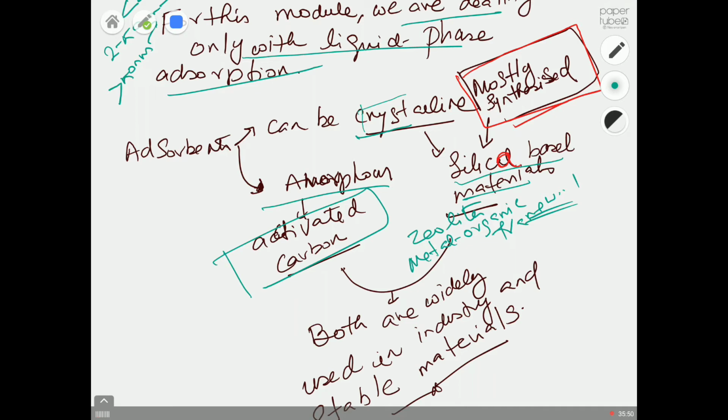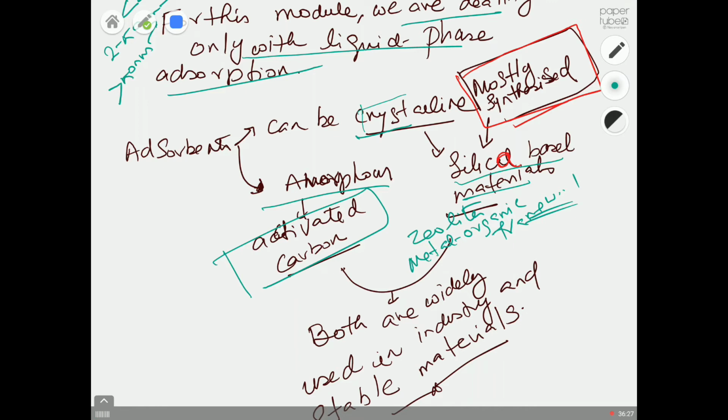If your material is porous and contains enormous surface, and if that surface can host your target molecule, be it a protein or an acid or an antibiotic, or even a simple API compound like paracetamol, then you can use it as your adsorbent material. Just remember those things. Many materials can do the same job: silica, activated carbon, zeolites, and other clay based materials.